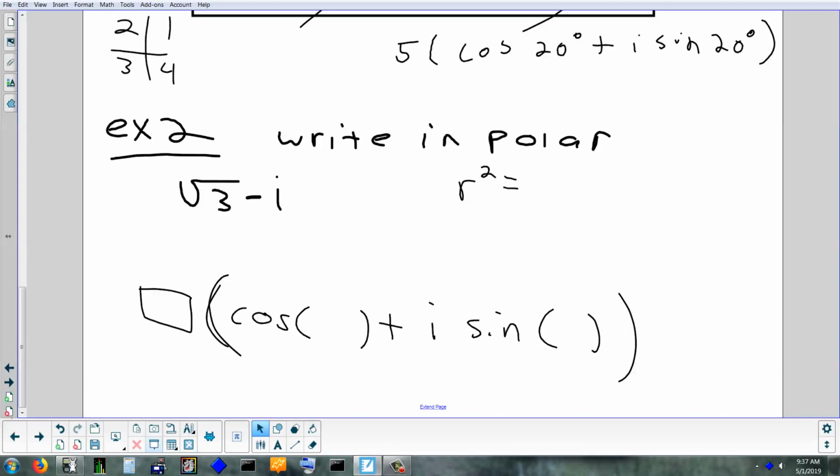What's the formula for r again? r squared equals. It's from yesterday. What's the formula here for r squared? r squared equals. Jose?